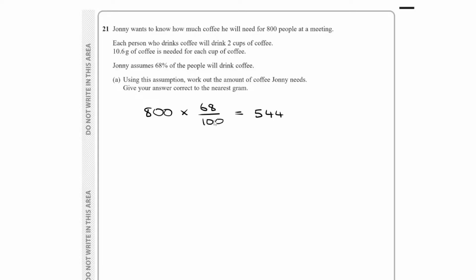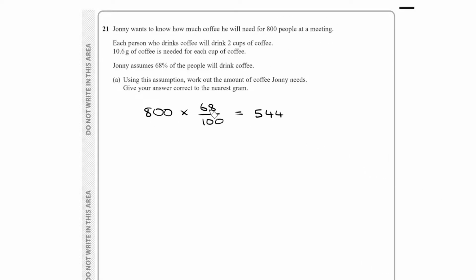How do I go from a percentage to a decimal? Always divide by 100. So you can just type that in, or it's technically 0.68 as a decimal. If you're happy to just do that directly, that's fine. But if you want to convert any percentage into a decimal to use it in your calculator, you always divide by 100, and then multiply it by whatever value you want to find the percentage of.